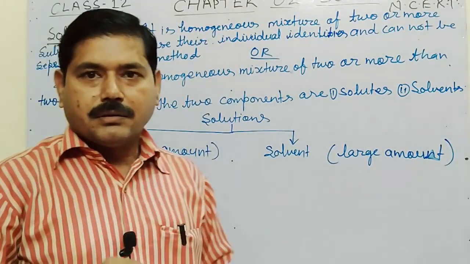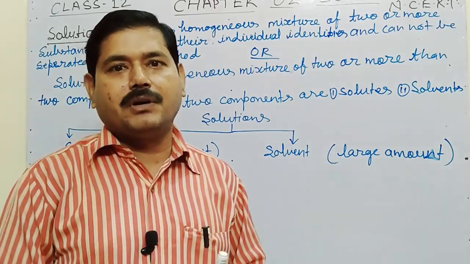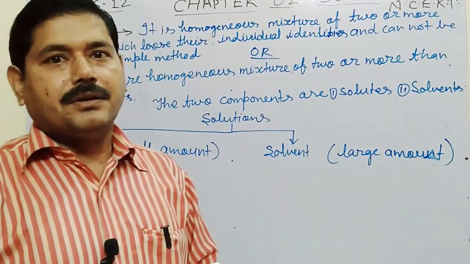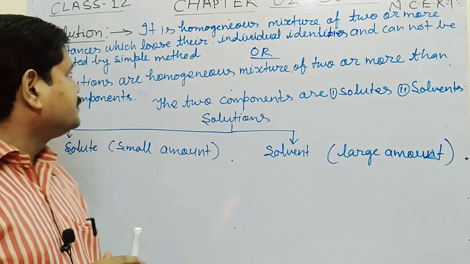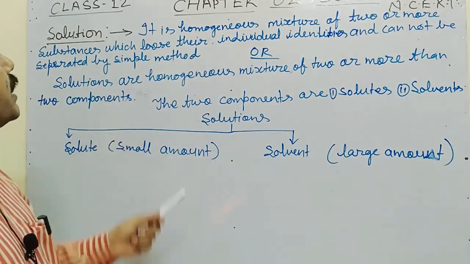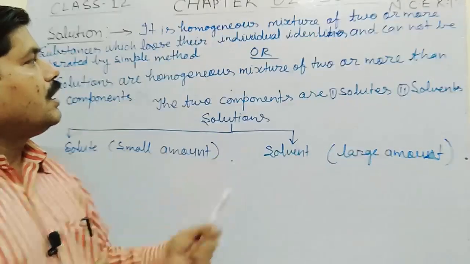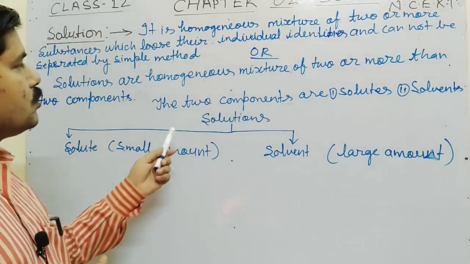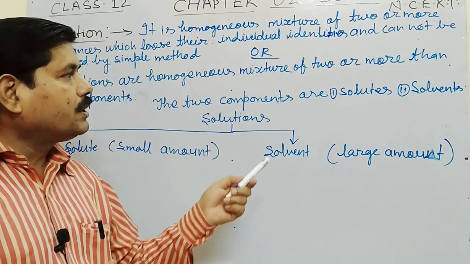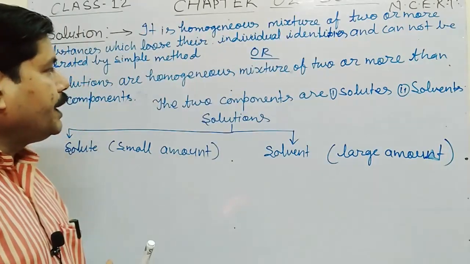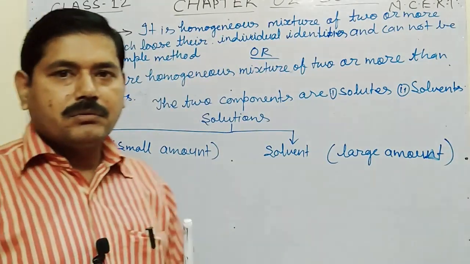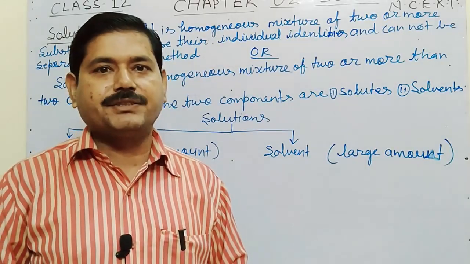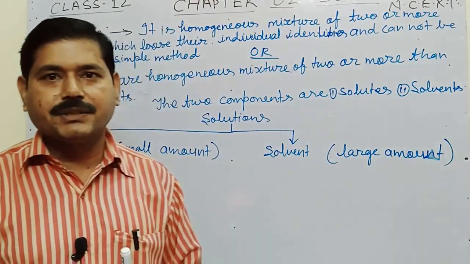I can say solutions are homogeneous mixtures of two or more components. The two components are solute and solvent. In any solution I find a minimum of two components, and a maximum of many components.